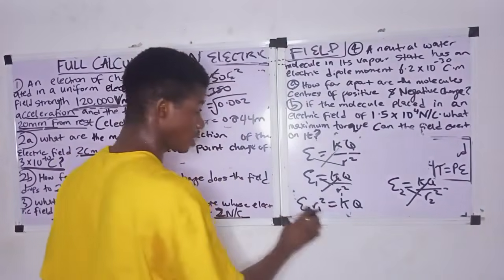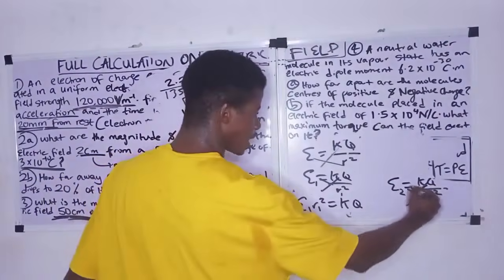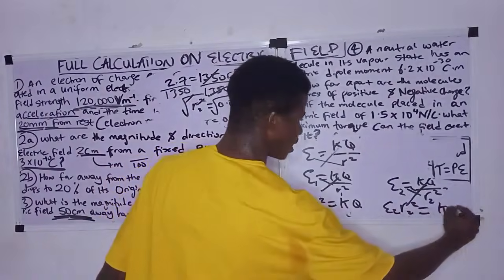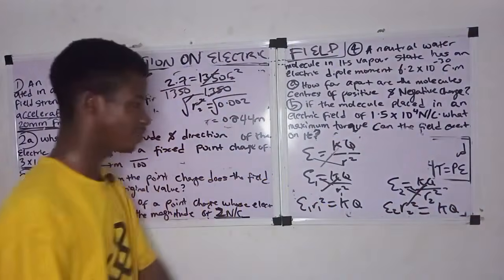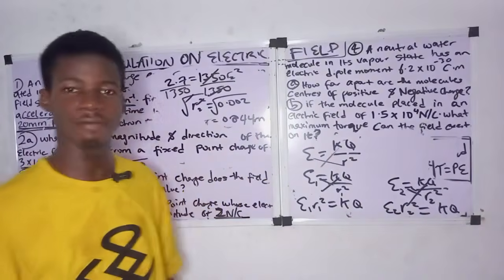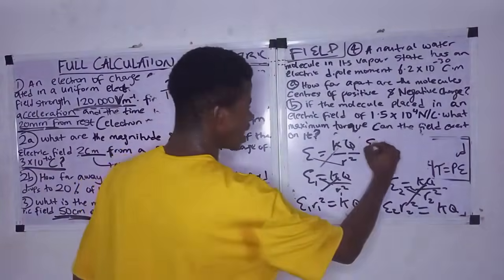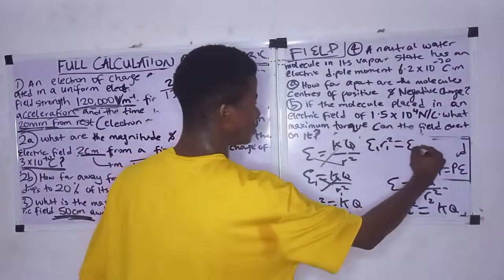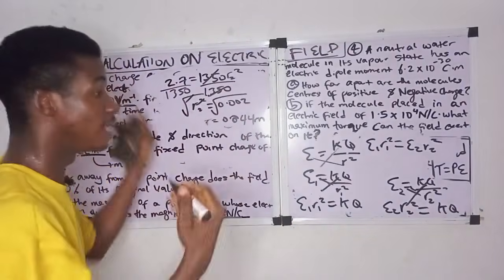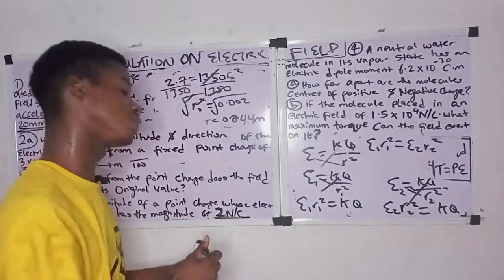Then on the other side, E2 r2 squared is also equal to K times the charge. Both of them equal this. Therefore E1 r1 squared is equal to E2 r2 squared. So we arrive at the same formula as earlier. It's very easy.